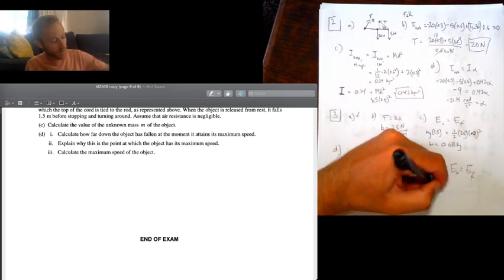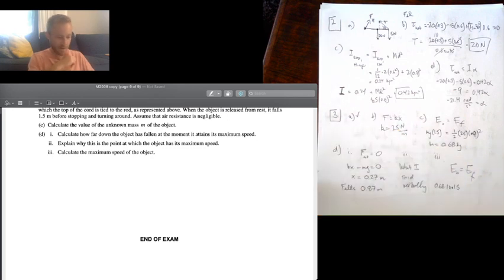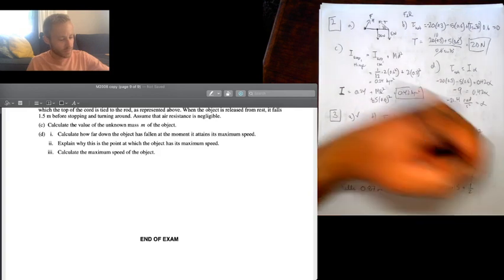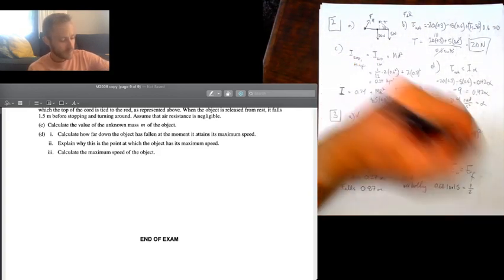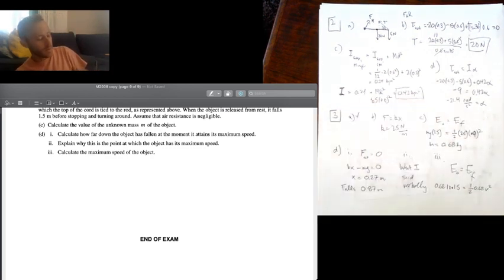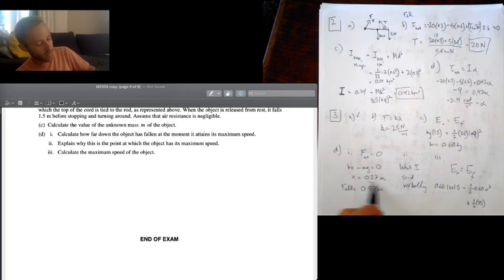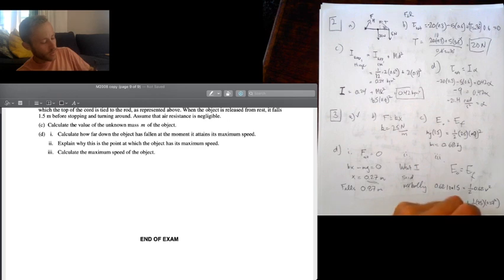We start out with gravitational potential energy, and we end up with kinetic energy, elastic potential energy, where the band is stretched 0.27 meters, and we also end up with a little bit of gravitational potential energy.